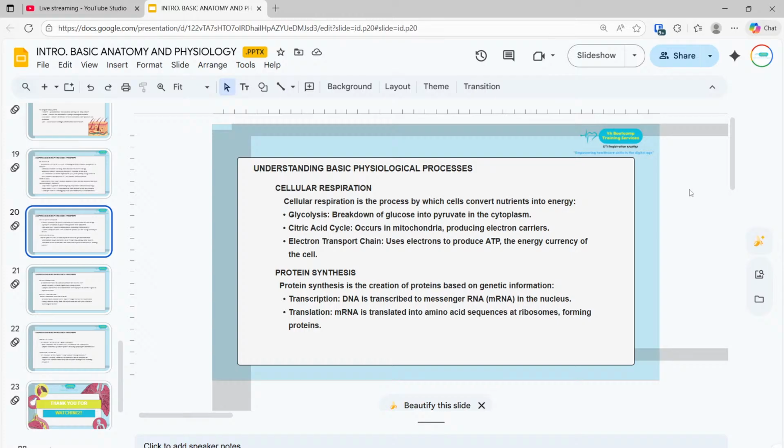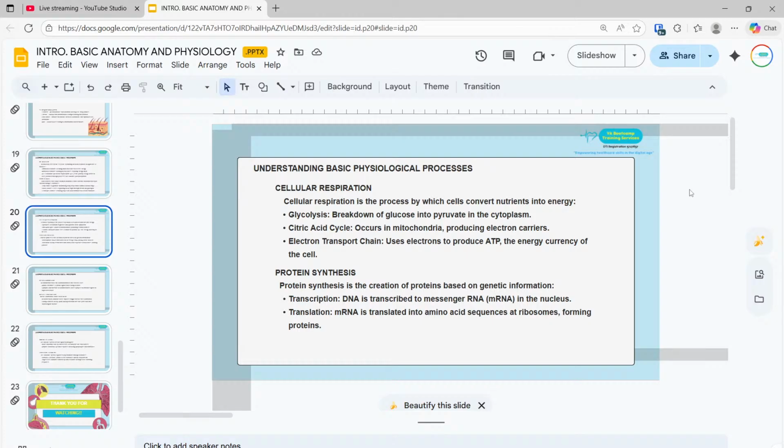All right. So let's proceed with another physiological process, which is cellular respiration. Cellular respiration is the process by which cells convert nutrients into energy.